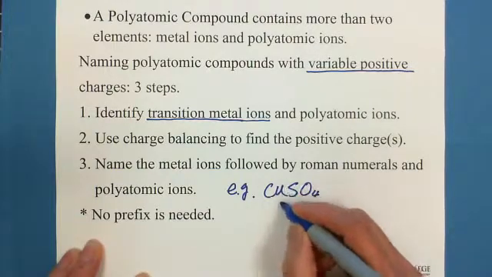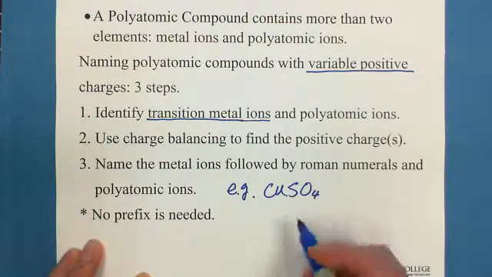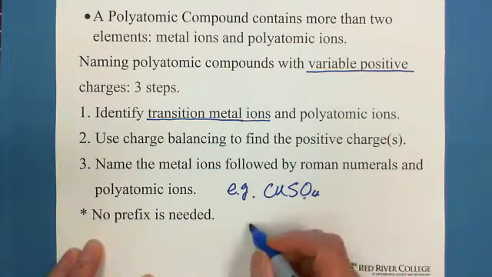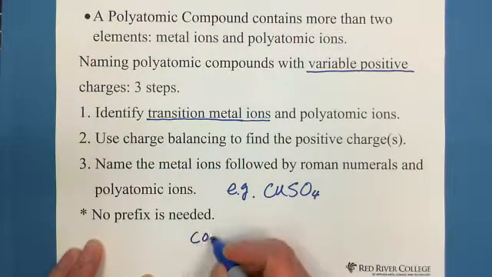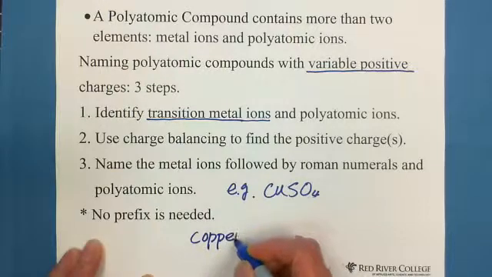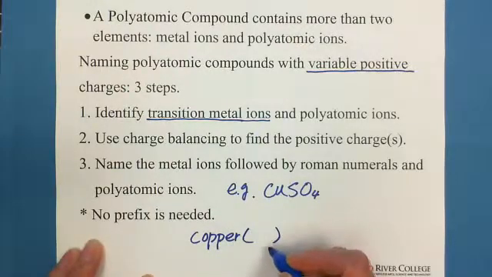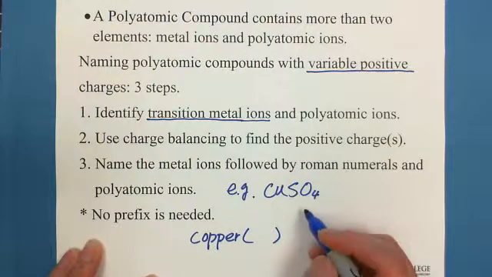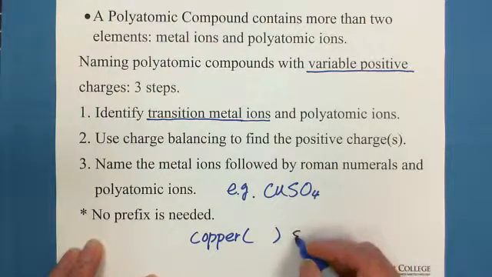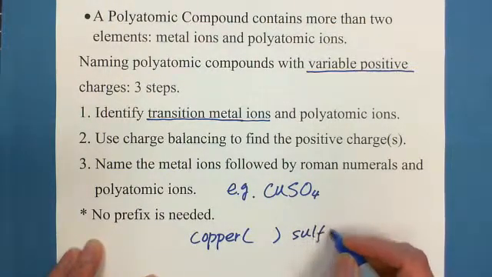Because Cu is a transition metal, you write the name copper, but leave a bracket, where you will put the Roman numeral 1 or 2. And SO4 is sulfate.